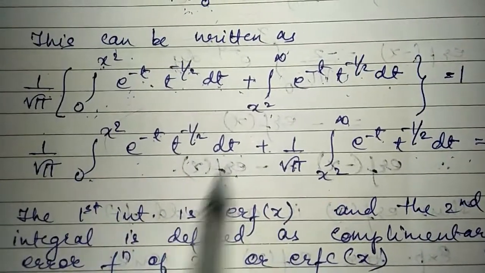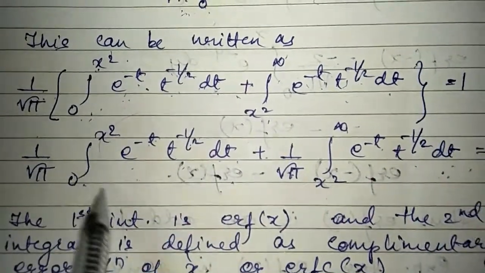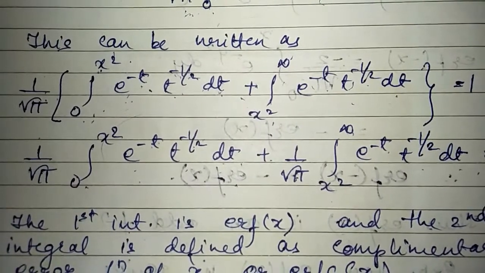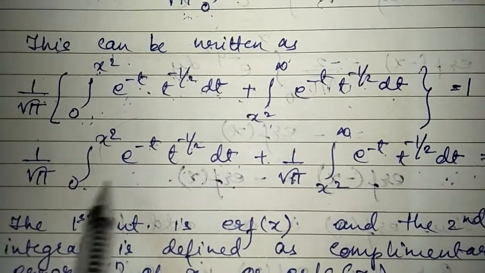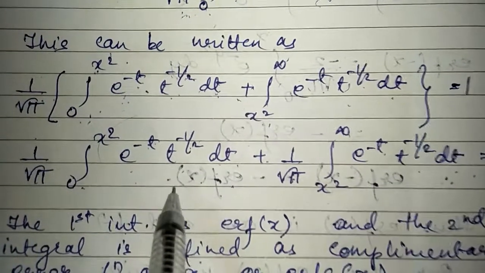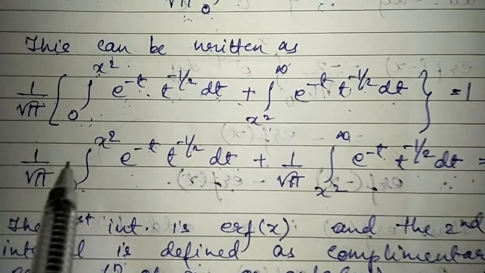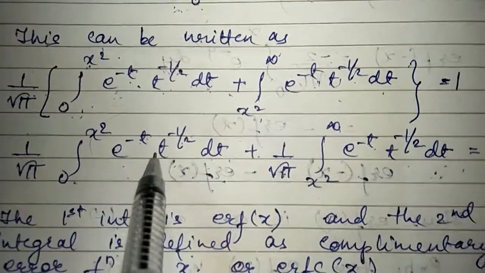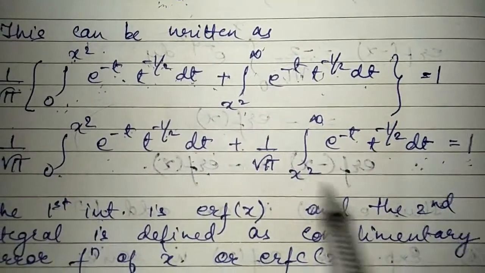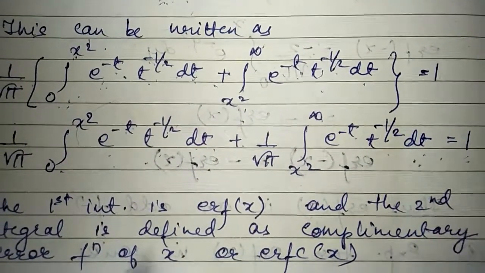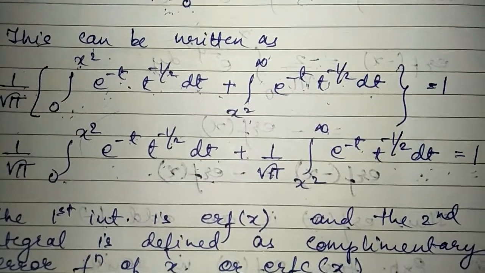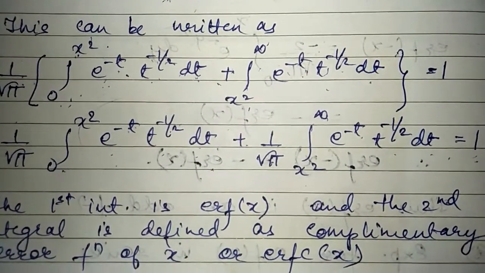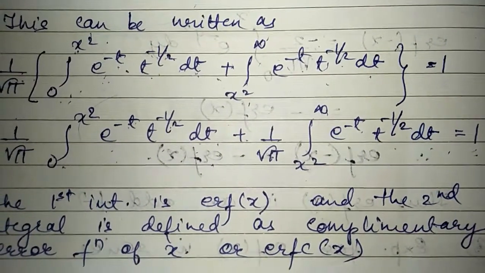But the first integral, what does it represent? It represents the error function of x. This is the alternate definition for the error function of x, which we have already seen. So this represents error function of x, and this other term, added to it, is equal to 1. And we know that error function of x plus complementary error function of x, the sum, is equal to 1.